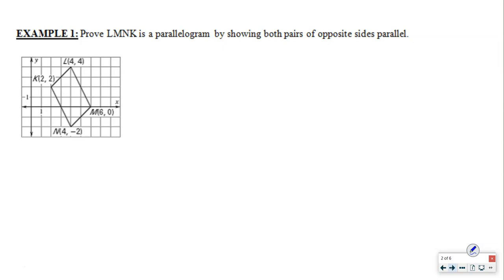So if we can show that the slopes of each of these lines are parallel to their opposite side, then we're good. So slope of KL. First, let's look at KL. So we want to use our slope formula here.